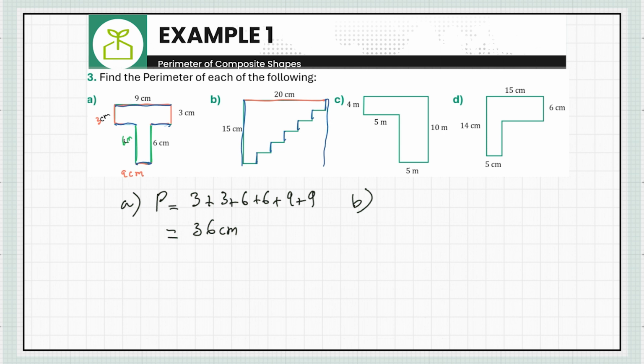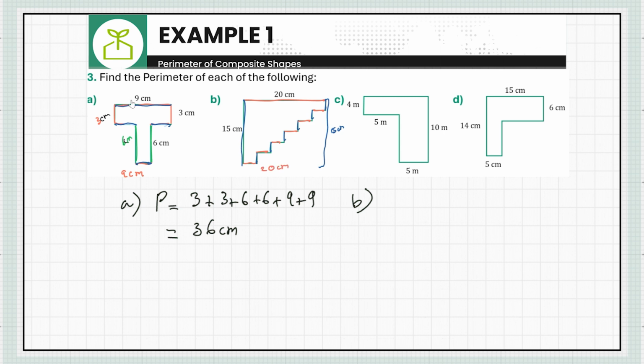So in reality, every single one of these blue lines has to be equal to 15 centimeters. The same can be said for all of our red lines. They're going to match up to be the exact same length as the top 20 centimeters, so these are also equal to 20 centimeters.